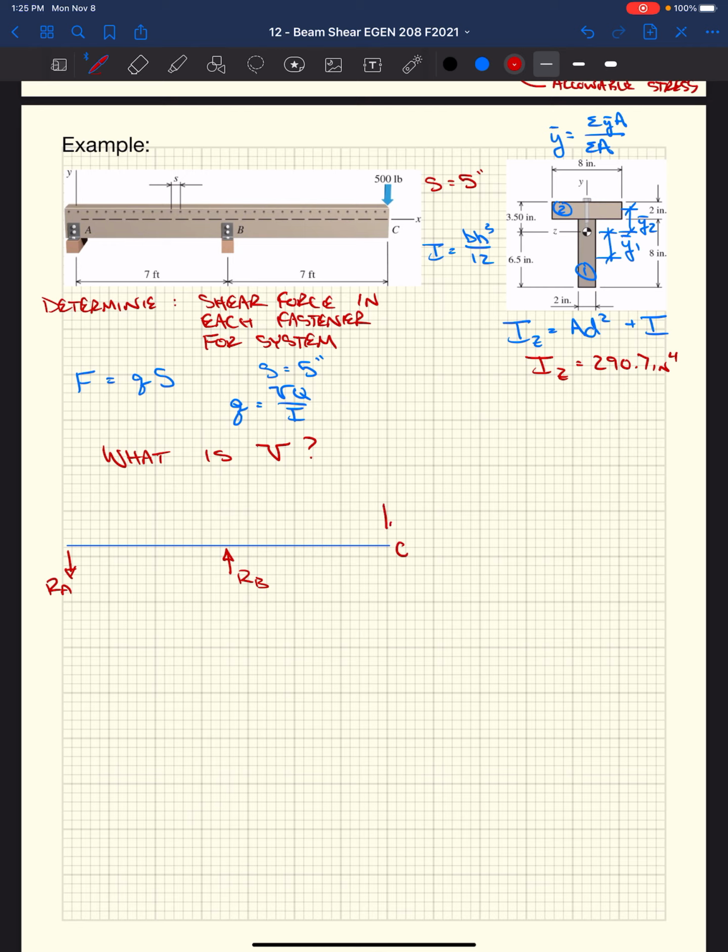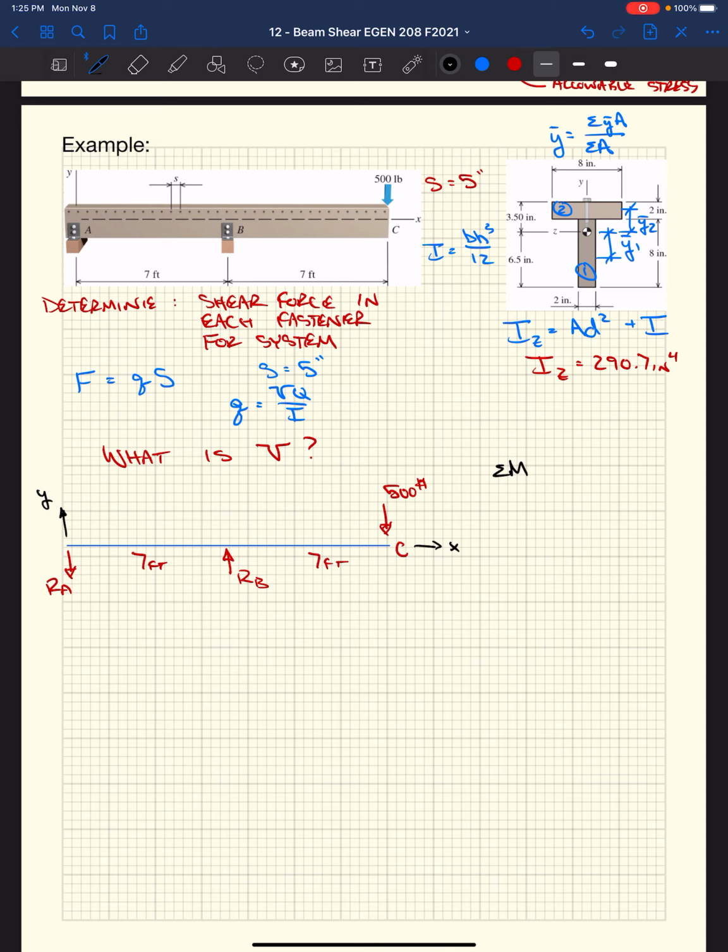Right, at point C, we have an external force, 500 pounds. We know that this is 7 feet and this is 7 feet. I'm going to say this is positive X, this is positive Y. We have 3 equations of equilibrium and we have 2 unknowns.